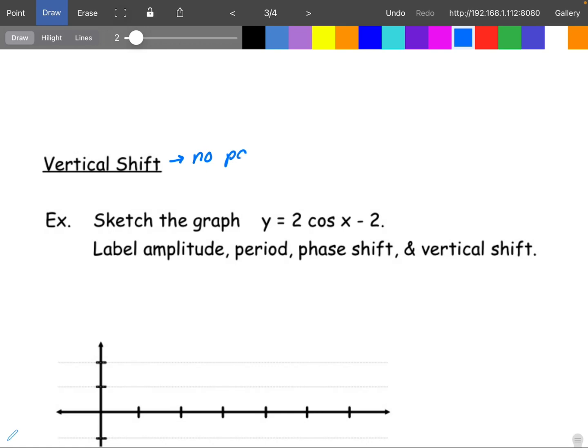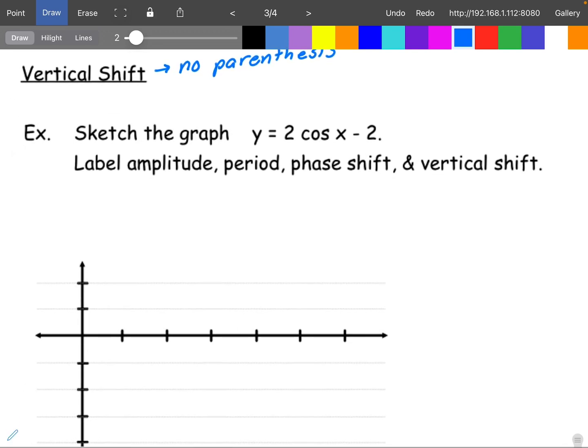So if you don't see parentheses, then that's a vertical shift, not a horizontal or phase shift. All right, so I have no parentheses here, which means this -2 is a vertical shift instead of a phase shift. Now, it is possible to have both, and if so, whatever's inside the parentheses is your phase shift, whatever's behind the parentheses is your vertical shift.